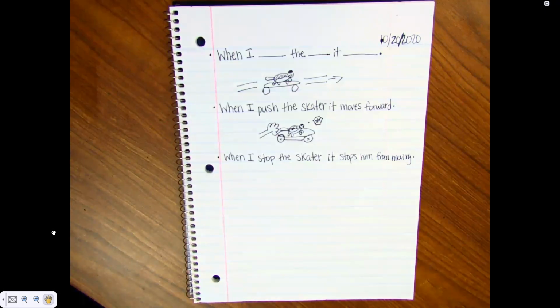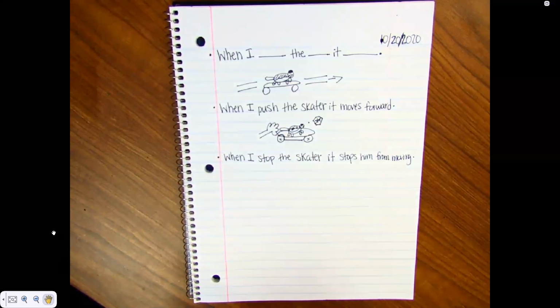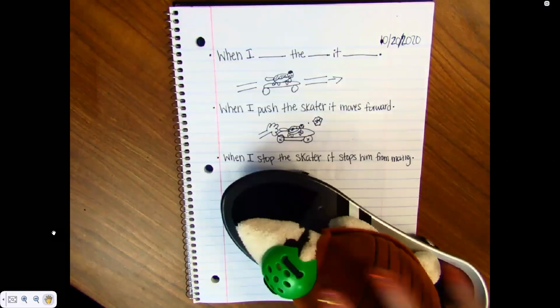Okay, so that was our second question. Our third question we had was, how can you make a moving object change directions? Well, I have to apply something. What do I have to apply to get it to change directions? If I change his direction, I have to do something.